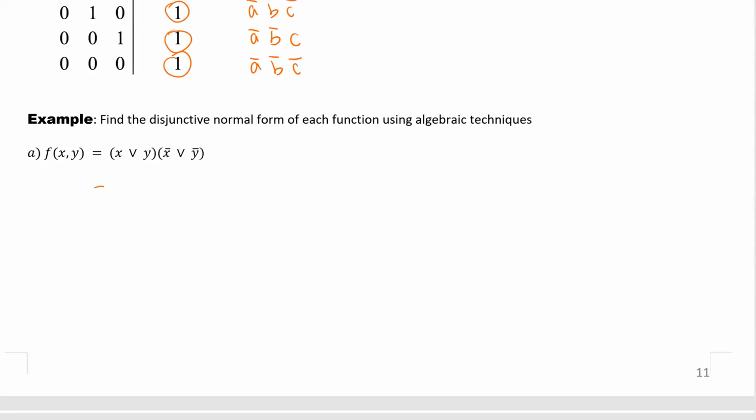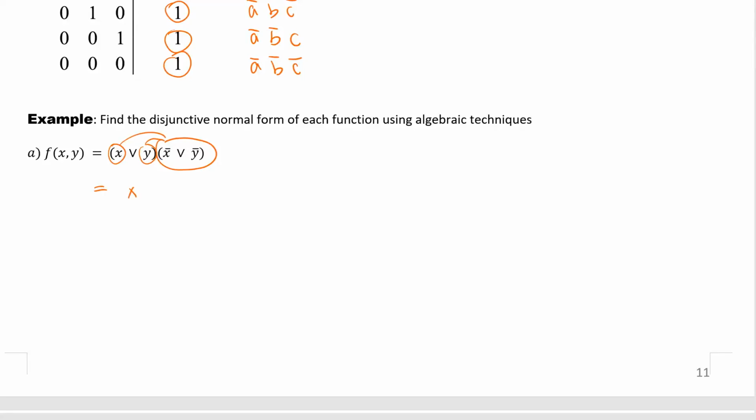So this guy, we can try to distribute it, right? So let's use the first one, this guy, and then this guy. Okay, so this is how we distribute it.